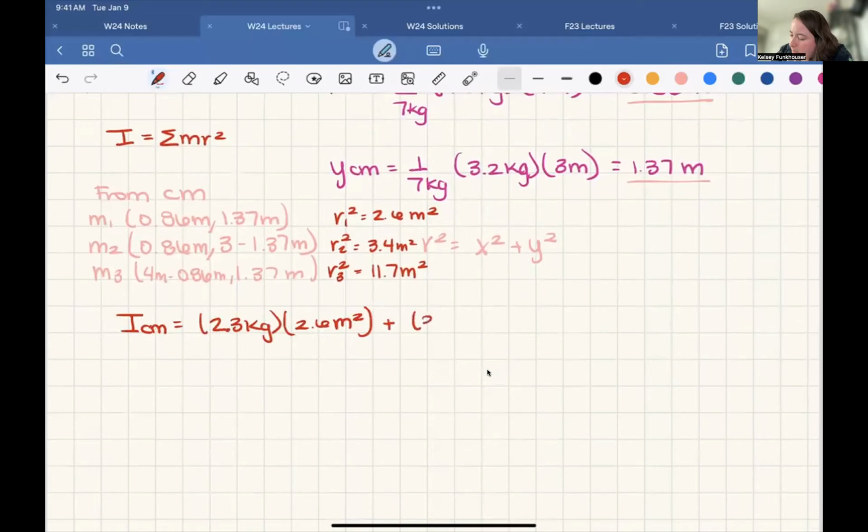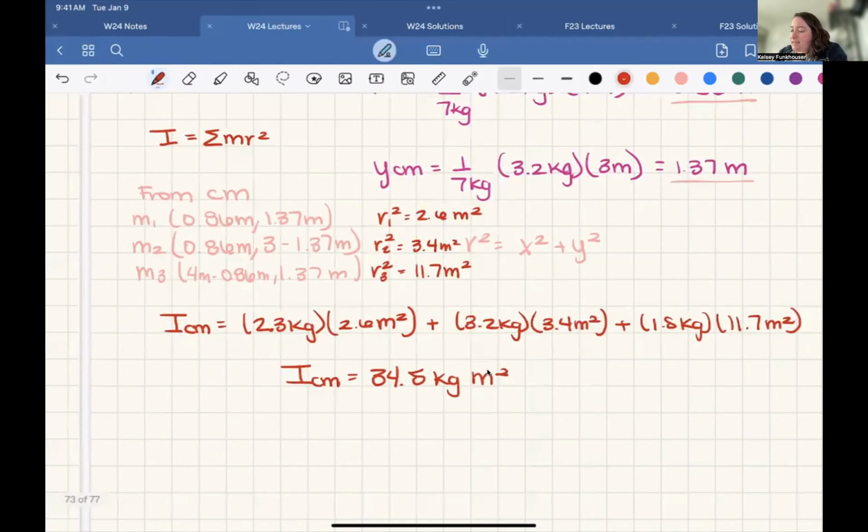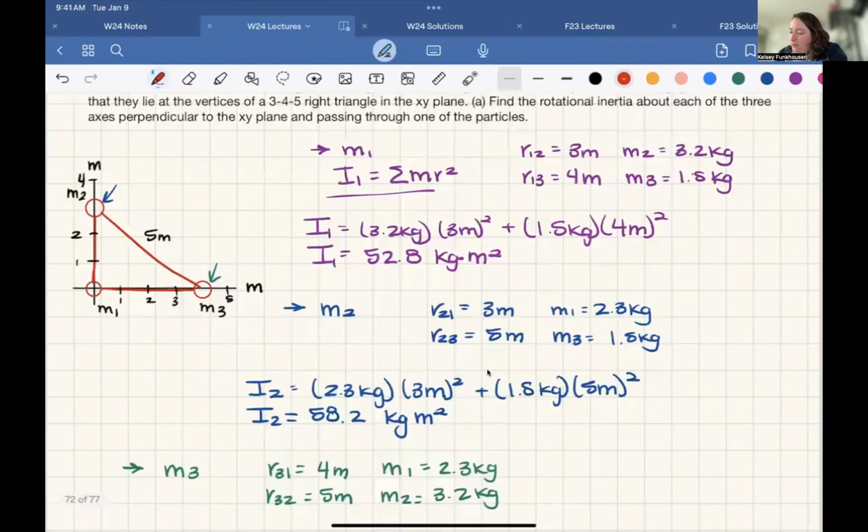And then 3.2 kilograms times 3.4 meters squared, and 1.5 kilograms times 11.7 meters squared. So this gives us the rotational inertia of the center of mass as 34.5 kilogram meters squared.